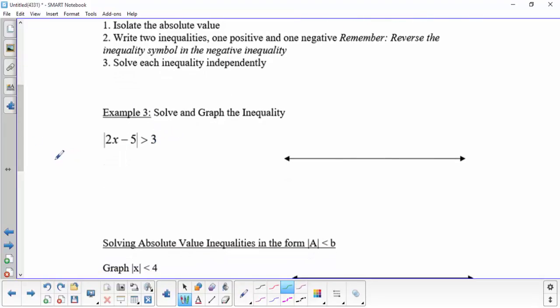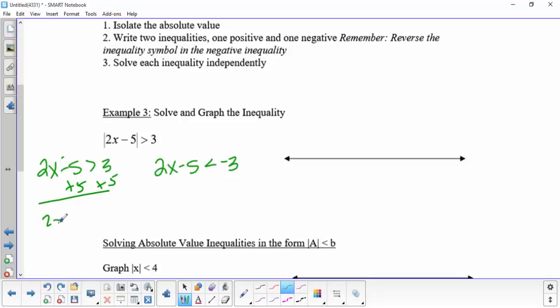So the first example, the absolute value of 2x minus 5 is greater than 3. Our first inequality would be 2x minus 5 is greater than 3. The second one would be 2x minus 5 is less than -3. Now we solve, so I'm going to add 5 to both sides.